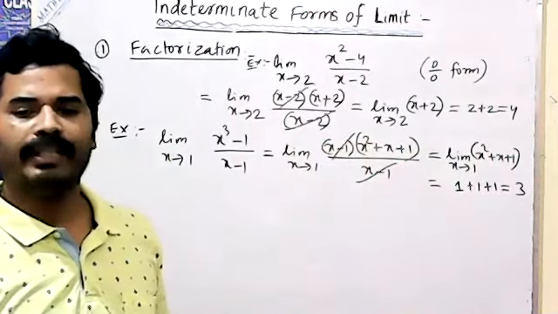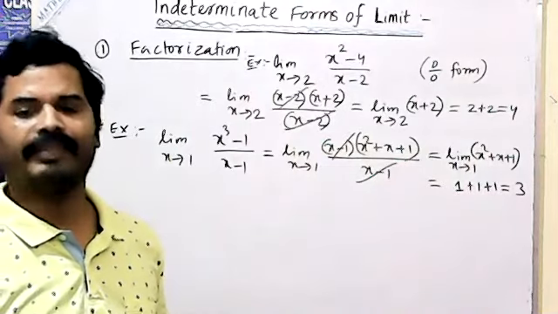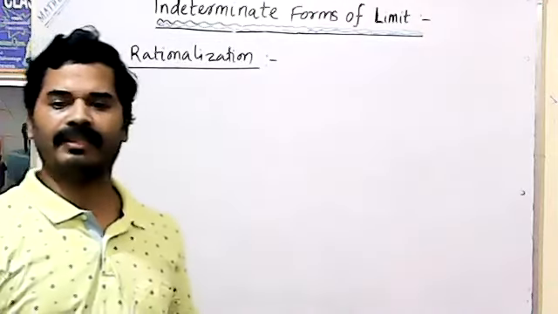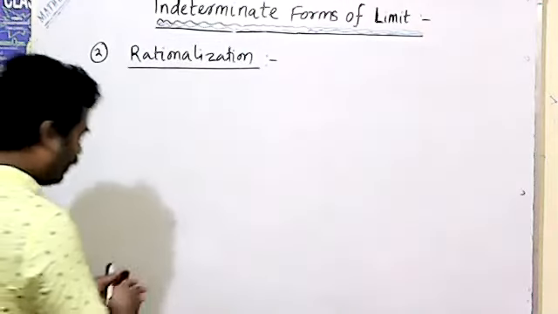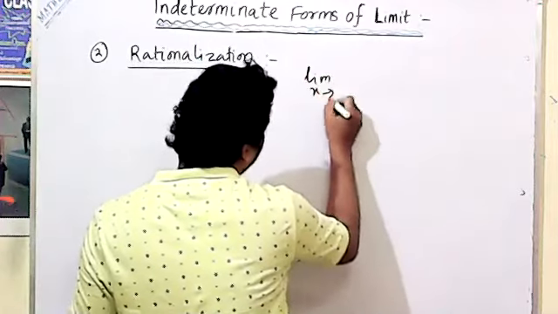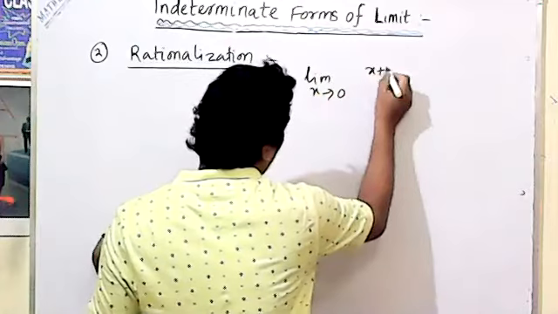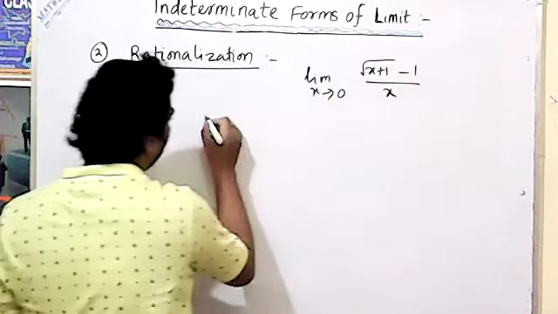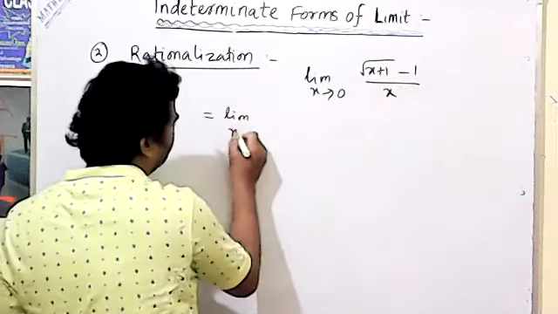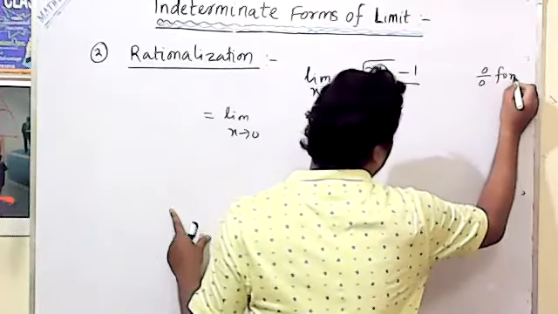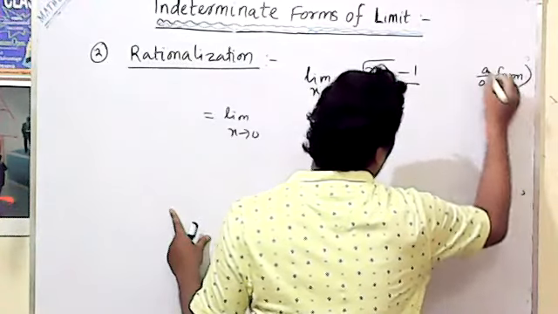So you now understand how to find if the factorization concept applies. Now another technique, that is rationalization. What is rationalization? One example you can take: limit x tends to 0, root over x plus 1 minus 1 by x. Simply, you have to rationalize this. So x tends to 0, this is a 0 by 0 form, so it is an indeterminate form.